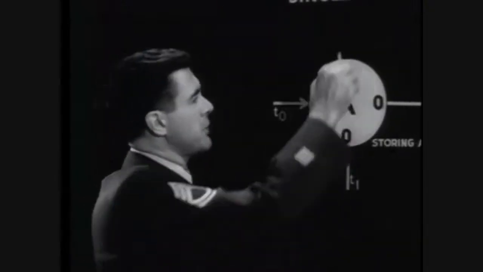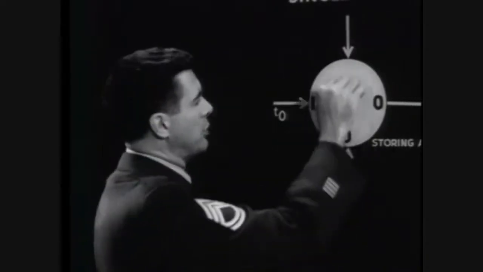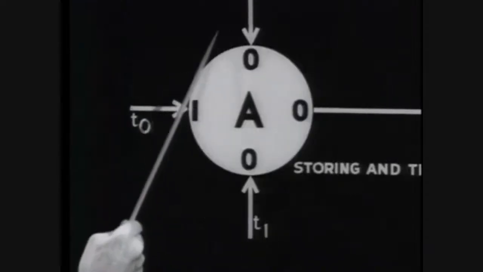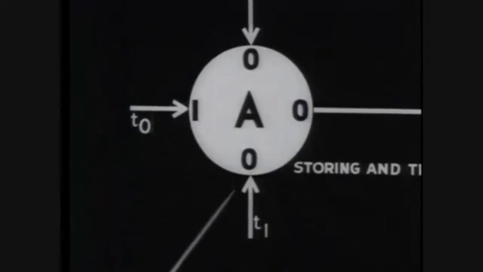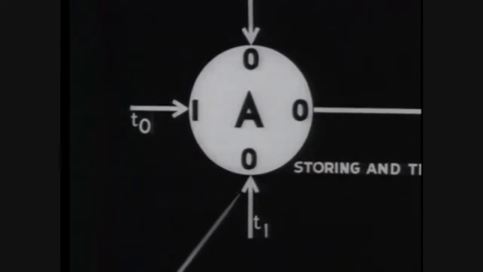Suppose, for example, there were several inputs coming into the first core of a loop. In this way, there are three inputs here. The one at the left will set the core to binary 1. The top and bottom inputs will clear it back to 0.